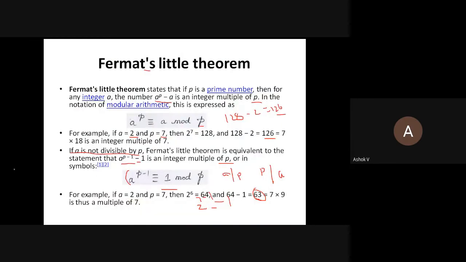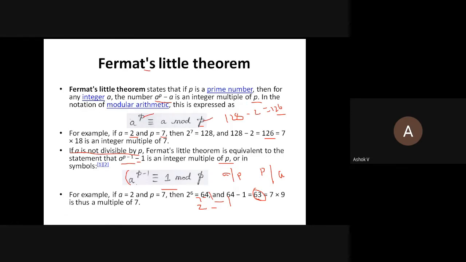In another version, we get a to the power p congruent to a mod p, where a to the power p minus a should be a multiple of p. So in Fermat's theorem we have two versions. If p is a prime number and a and p are coprime, then a to the power p minus a is an integer multiple of p.